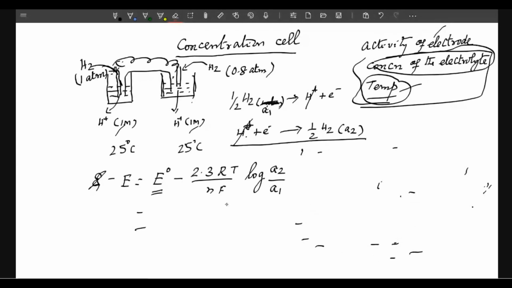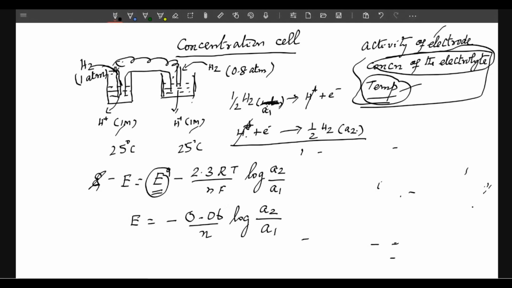Therefore, for any concentration cell, E is equal to, this term becoming 0, therefore minus, at standard conditions, that is temperature 298, 0.06 over n into log of A2. A2 is the activity of the product, on the anode side or cathode side, and this one is A1.